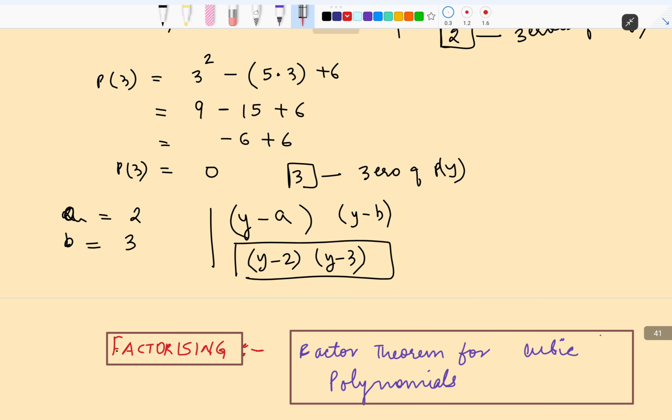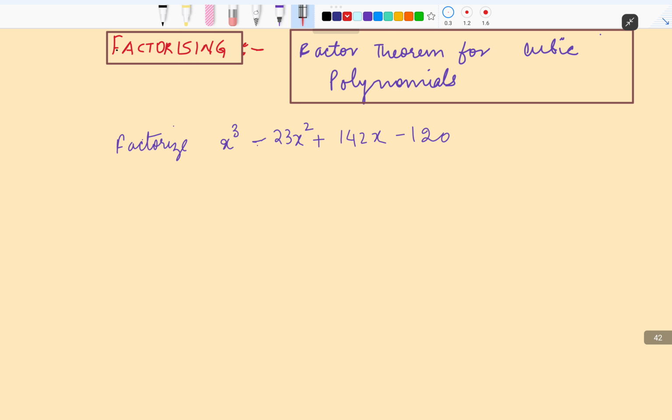Clear? Okay. Now the last part of factorizing is when you factorize a cubic polynomial. Now for factorizing a cubic polynomial, see what is done is, firstly we know it's a cubic polynomial, so it's going to have 3 factors in total, right?